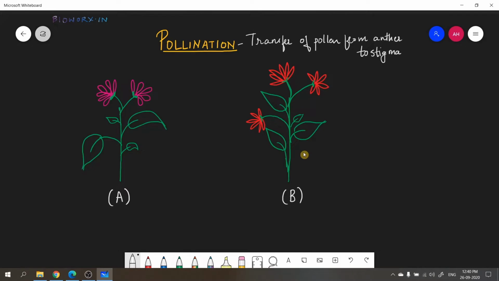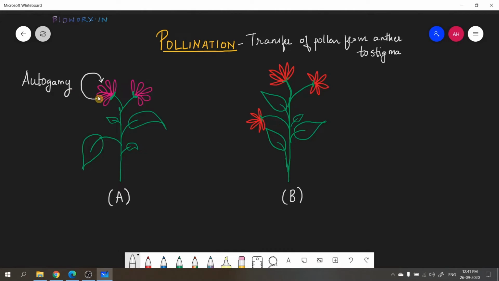Let us assume that the pollen grains are getting transferred from the anther of one flower to the stigma of the same flower, right? In this case, it is called as autogamy. Autogamy: auto means self, gamy means fusion.